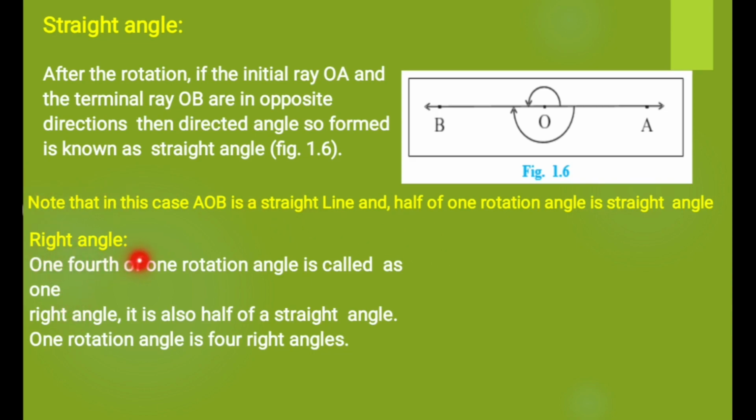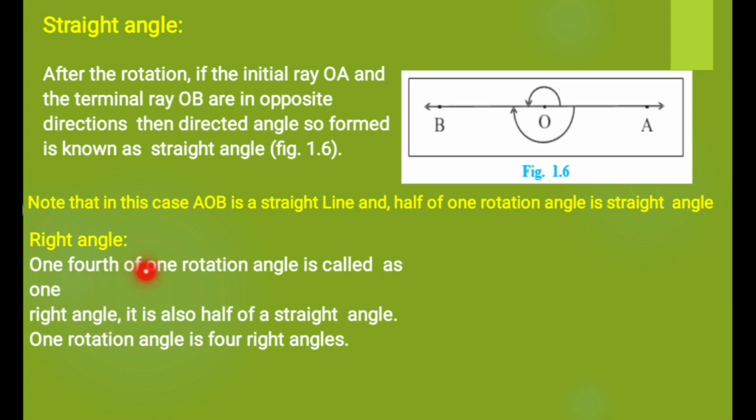Now see a right angle. One fourth of one rotation angle is called one right angle. It is also half of a straight angle. One rotation angle is 4 right angles. So we can define a right angle in two ways.